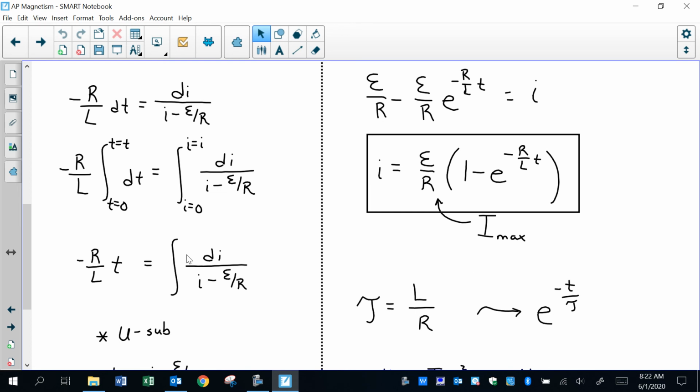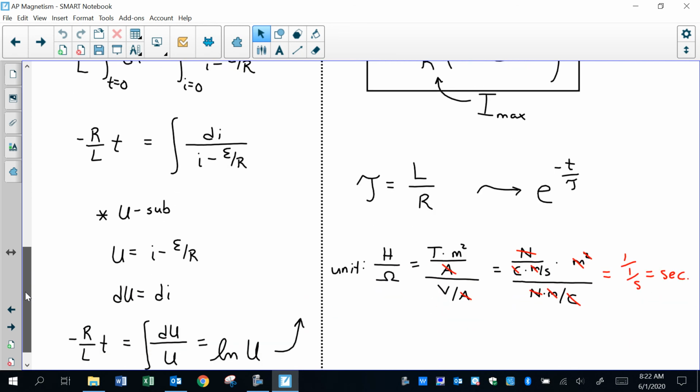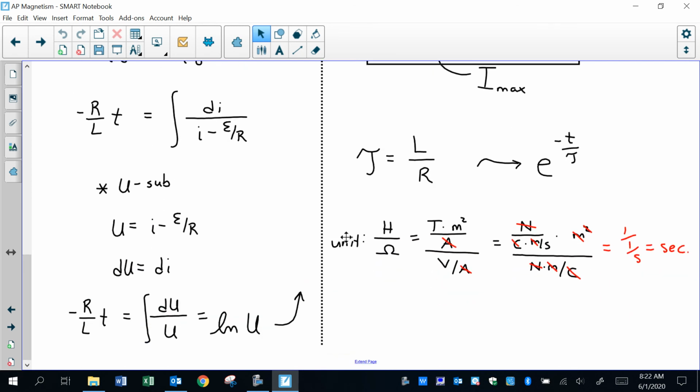So this actually ends up being negative time over our time constant. Negative is going to give us the proper function there. Come down here, and how is it that a Henry and an ohm are going to give us time? Well, if you go through and look at everything here, you have a Henry, which is our flux per amp.